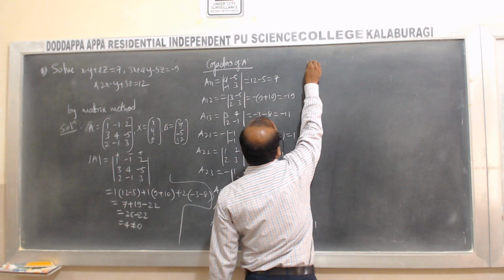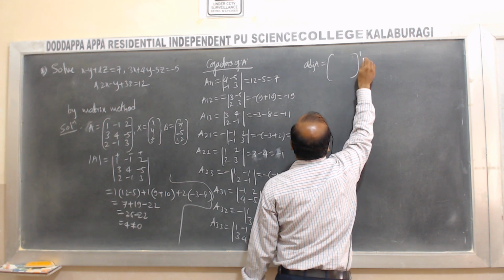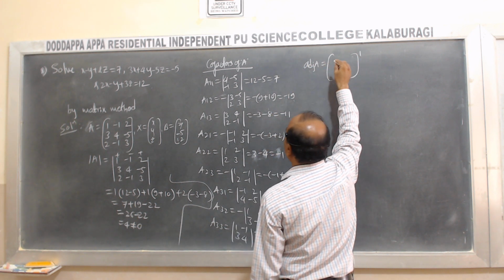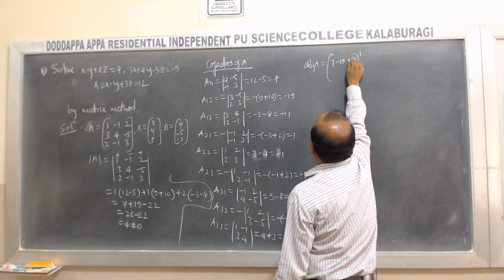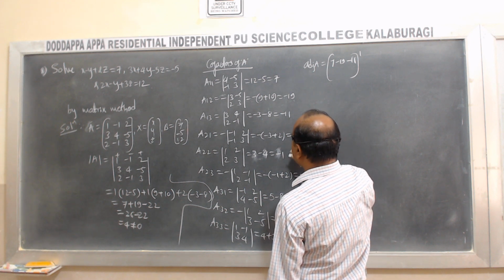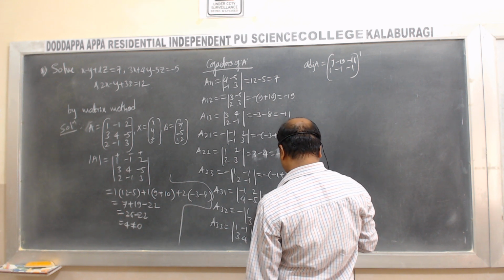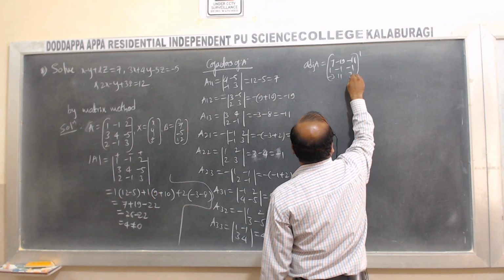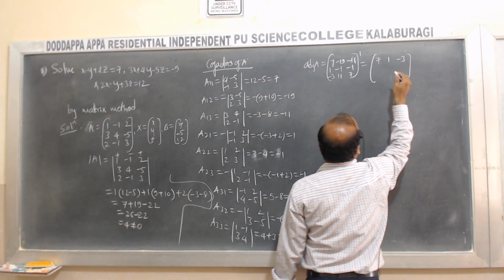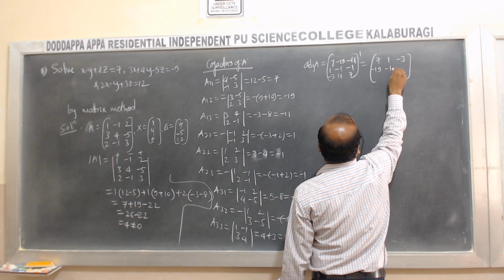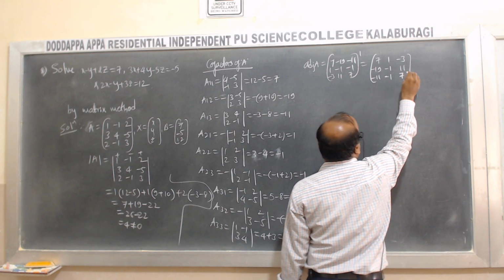Next, adjoint of A is given by the transpose of the matrix of cofactors. First row is 7 minus 19 minus 11, second row is 1 minus 1 minus 1, third row is minus 3, 11, 7. Now the transpose of this is 7, 1, minus 3. Second row minus 19, minus 1, 11. Third row minus 11, minus 1, 7.